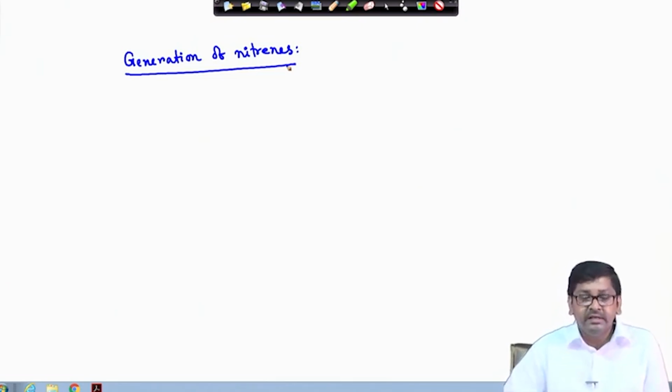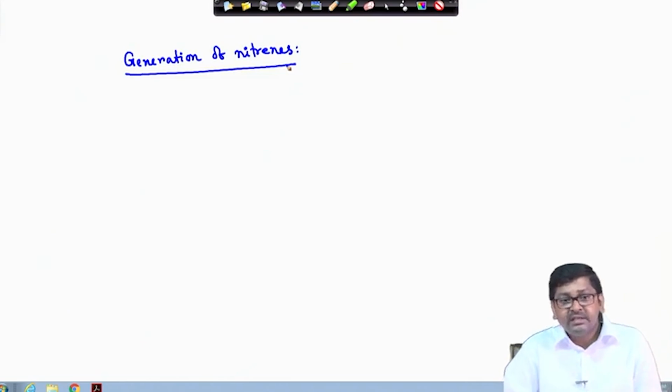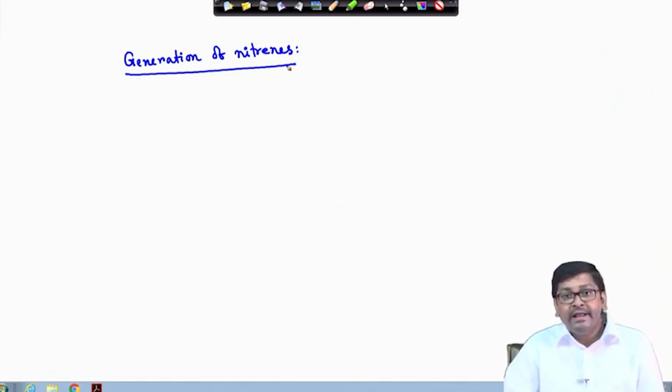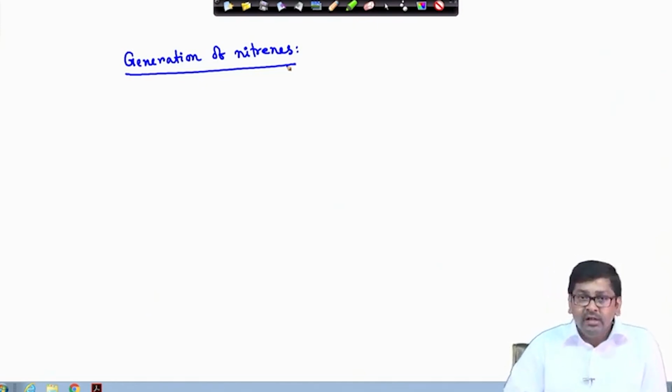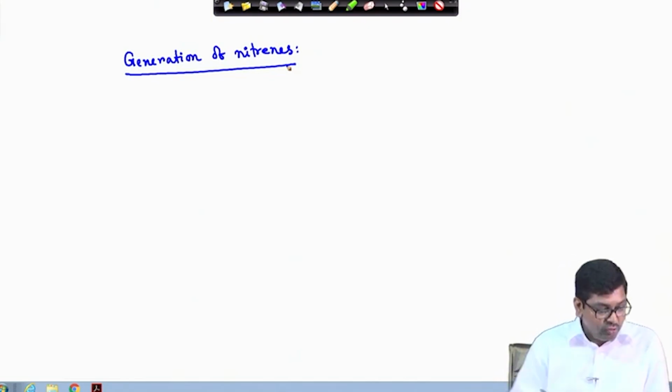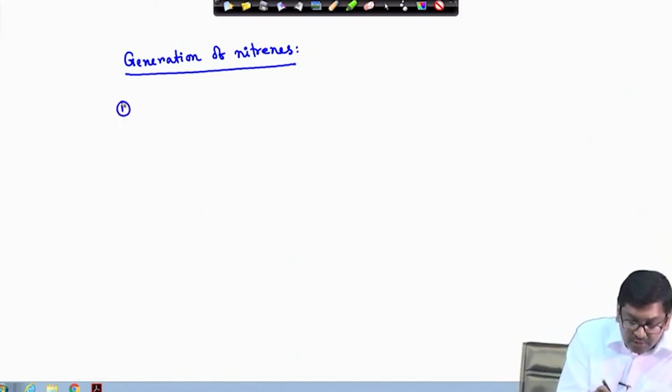Obviously, like in the carbene case, where we decomposed the diazo compounds, nitrogen is eliminated and the electron deficient carbene species is generated. In this case also, in a similar way, as it is the nitrogen analog of the carbene, we can go for thermal or photochemical decomposition of what? Of azides.